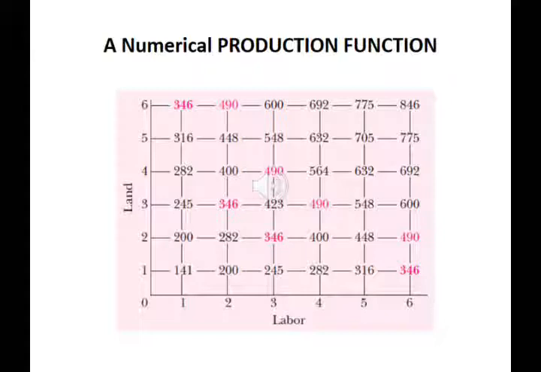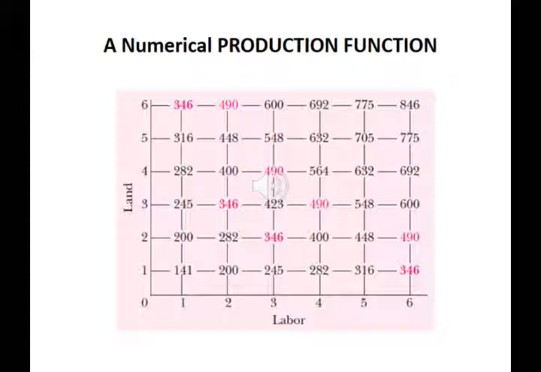Okay, so let's check if this is satisfied in our table. In the first move, when inputs were doubled from 1 labor to 2 labor, and from 1 land to 2 acres of land, we go from 141 as total product to 282.